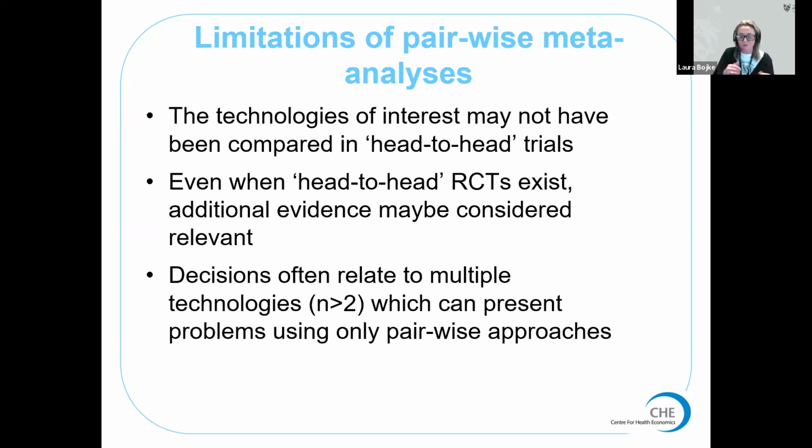So drawing in evidence from alternative comparisons. It's certainly the case in health technology assessment, but also in public health, that decisions can relate to multiple technologies, often greater than 2. And that can present problems for decision makers when they're only presented with pairwise comparisons, A versus B.